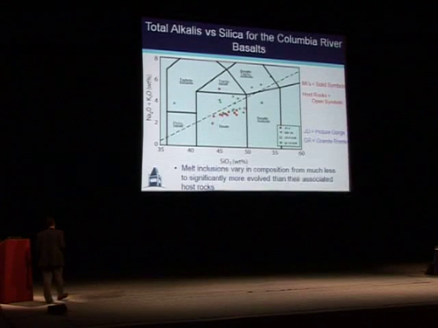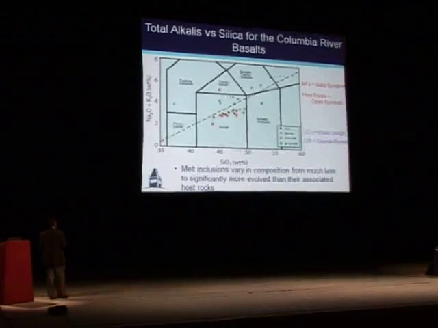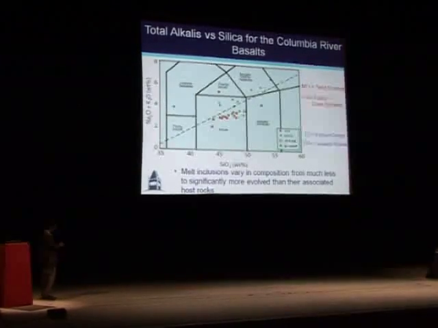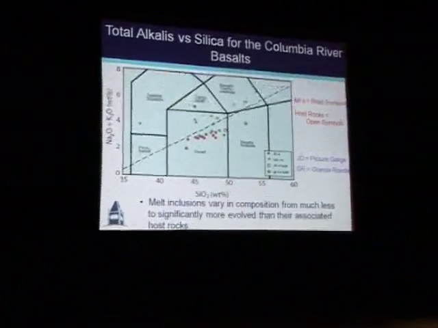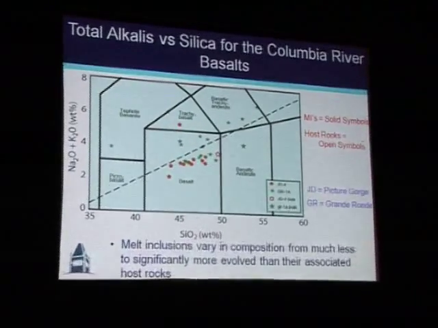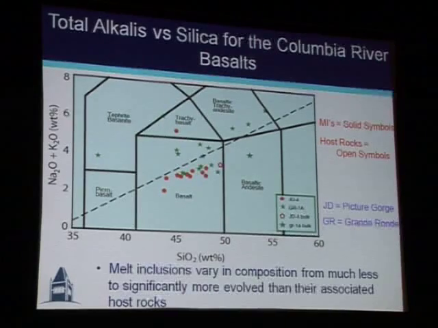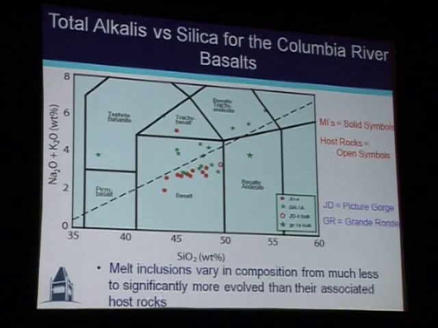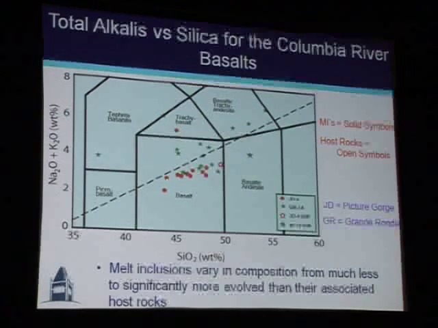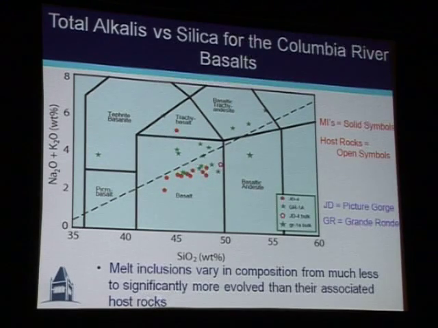Now, before I show you the volatile data, let me point out that from the electron microprobe work, where we compare the compositions of the whole rocks determined by XRF, what we discover invariably is that the melt inclusion compositions we get from the electron microprobe are quite often more primitive than the composition of the host magma.